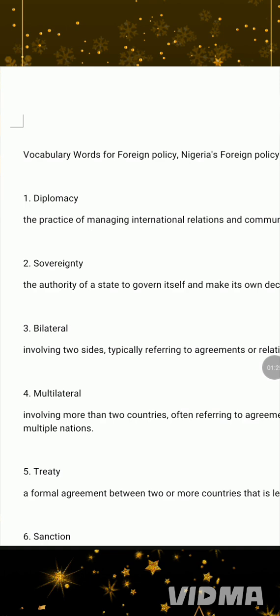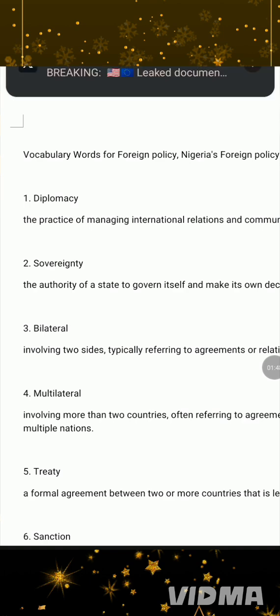So when we talk about foreign policy, we are talking about the totality, that is everything that concerns a state's behavior towards other states, or simply put, the behavior or reaction or action of a state towards another state defines foreign policy.